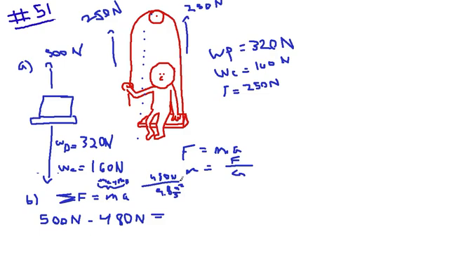If we do that arithmetic right, we end up with 48.98 kilograms times the acceleration. Rearranging, A is equal to 0.408 meters per second squared.